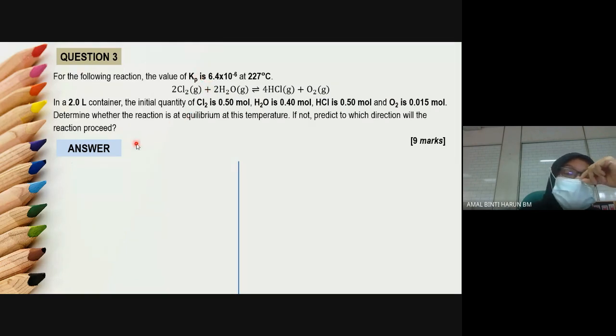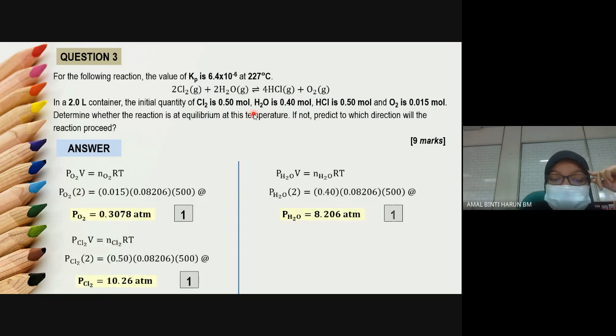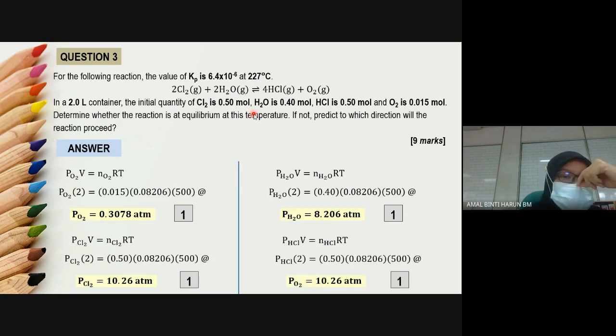So macam mana nak cari Qp when you have all the number of moles? So kita cari dia punya pressure ataupun initial pressure of each of the gases. So kita cari pressure oxygen. Okay, semua guna PV = nRT, pressure water, pressure HCl semua. And that is their partial pressure, each of the gases.